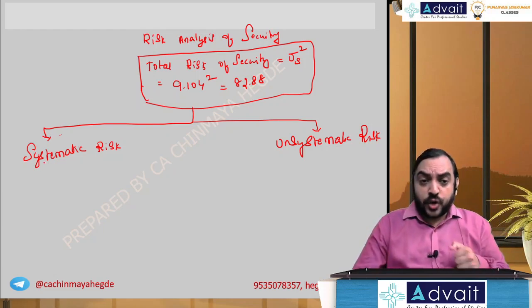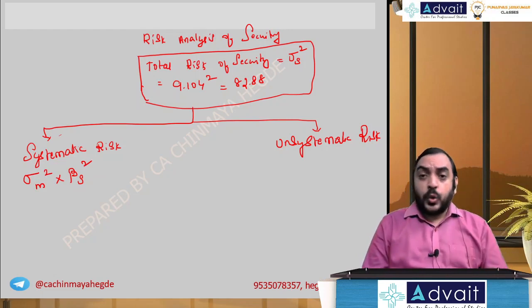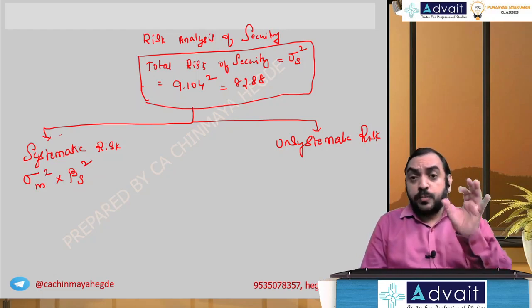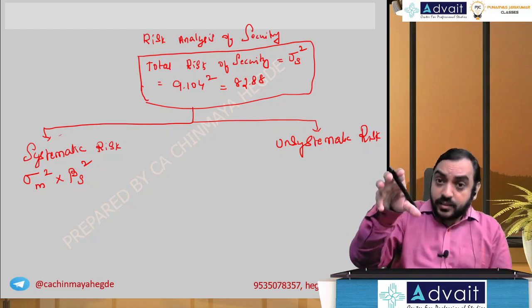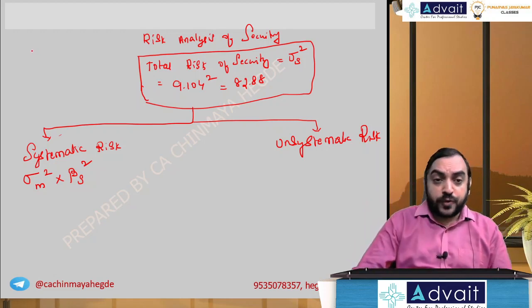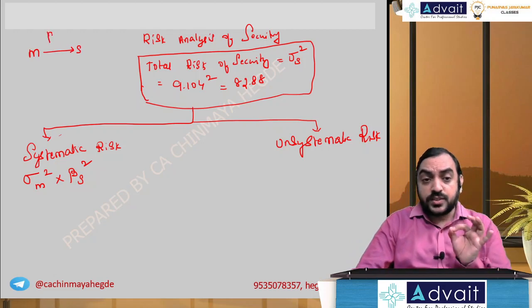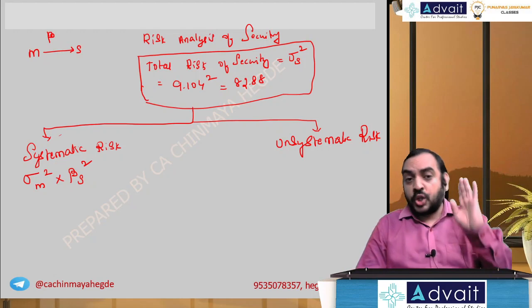That is the formula given by sigma m square multiplied by beta of security square. One thumb rule I told you: if you start from the market and you have to come to security, you multiply by beta. Remember this like a thumb rule.